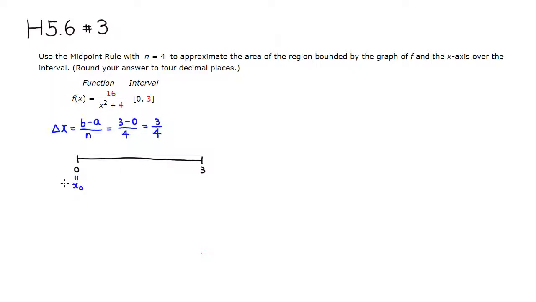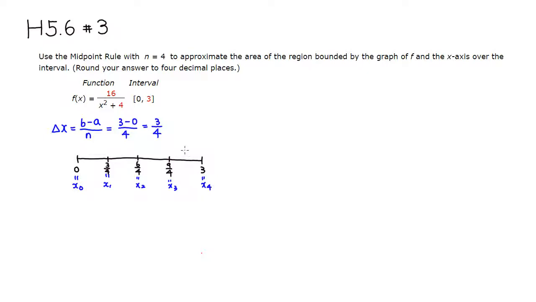I'm going to split it into 4, so x1 is 0 plus delta x, which is 3/4. The next one is 6/4, or 3/2. The next one is 9/4. So those are x1, x2, x3, and x4.